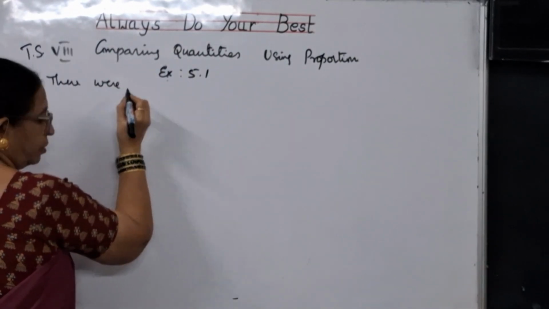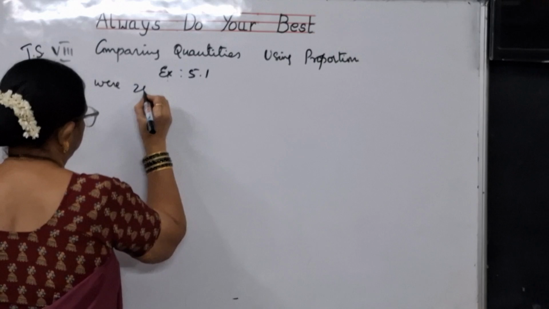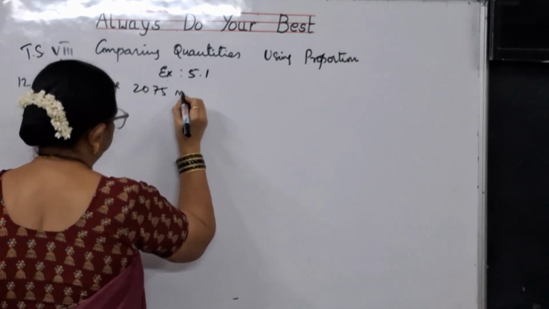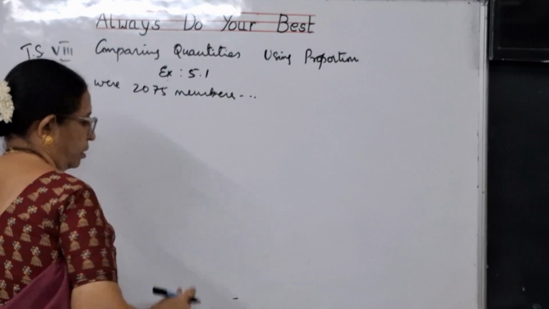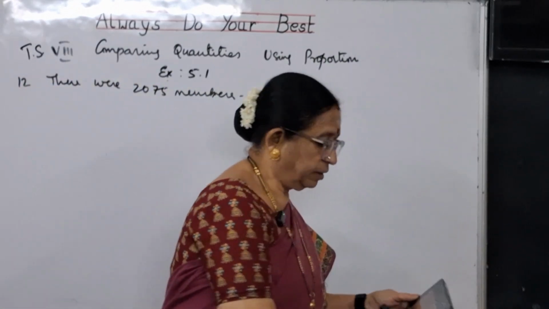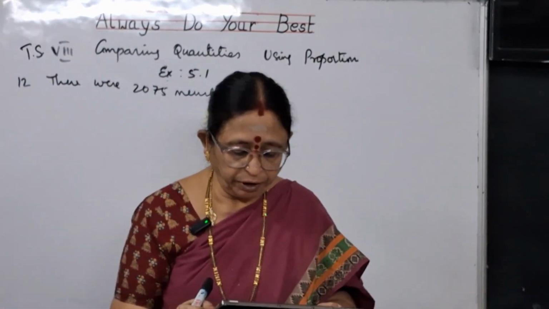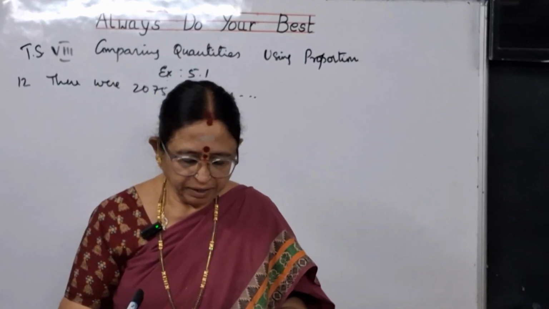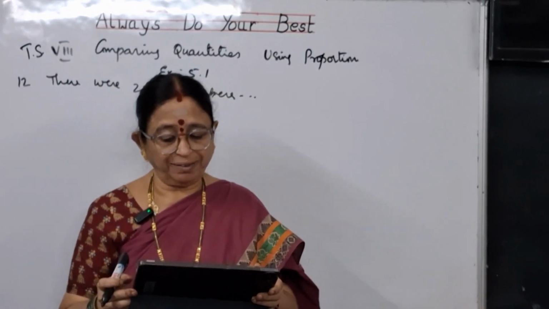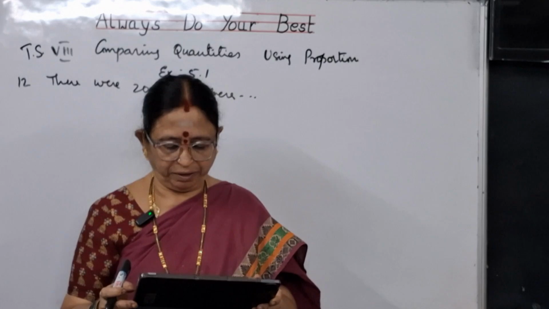The problem goes like this. Let me read. There were 2075 members enrolled in a club during last year. This year, the enrollment is decreased by 4%.